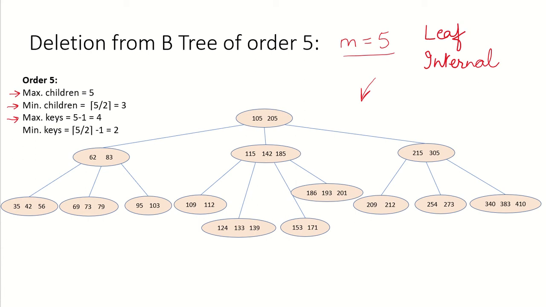Maximum number of keys is M minus 1, so that would be 4, and minimum number of keys would be ceiling of M by 2 minus 1, so 3 minus 1 would be 2. And we need to take care of the minimum number of children and minimum number of keys apart from taking care of the maximum children and maximum keys. So let's see how keys can be deleted from this B-tree.